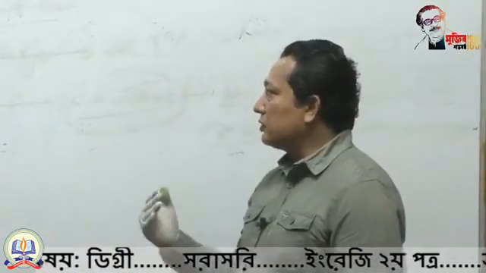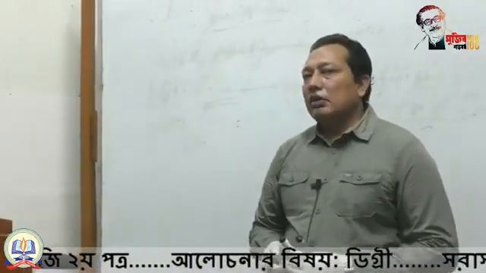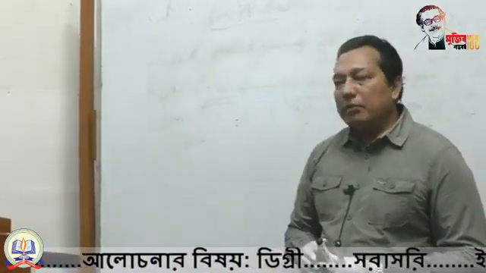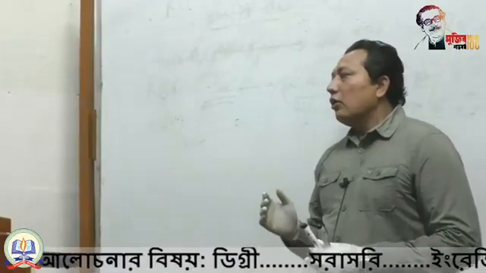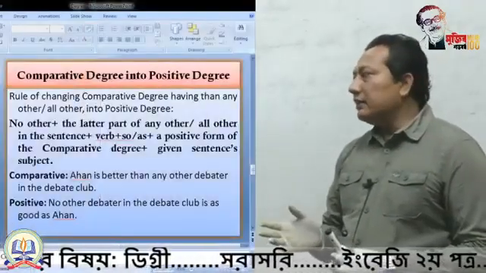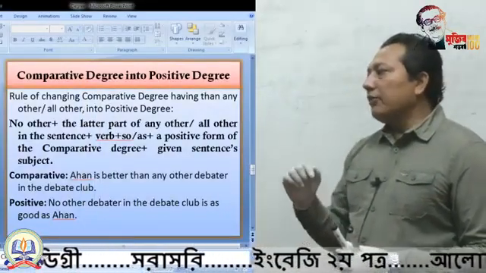What is that? Of course you have to use "no other". You have to use "no other" than the later part of the sentence, "any other", "all other" in the sentence, then verb plus "so" or "as" as a positive form of the comparative degree plus the given sentence. Here, of course, for making comparative degree you have to use "than any other" or "than all other", because in comparative degree we have found "than".